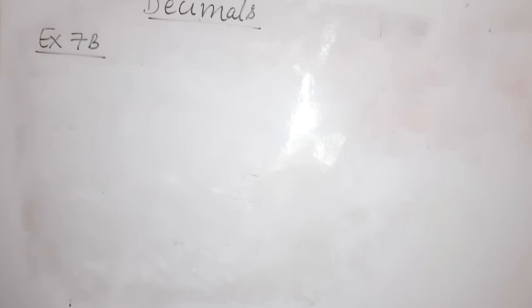So you have to watch that video so that it will be easier for you to understand how to add the decimals. I am not explaining you that particular topic. You have to watch that video just for clearing the concept. And after that I will be explaining you the questions from the next exercise, that is exercise 7C.